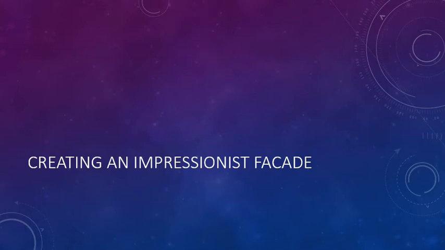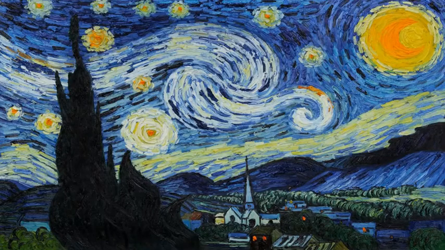Moving on to the next part of the Dynamo scripting, using an Impressionist painting to create a colorful facade. The purpose was to find out if a computer generated Impressionist facade can be created based on a famous painting. From the model, a single curtain panel was selected, which is the glass panel.